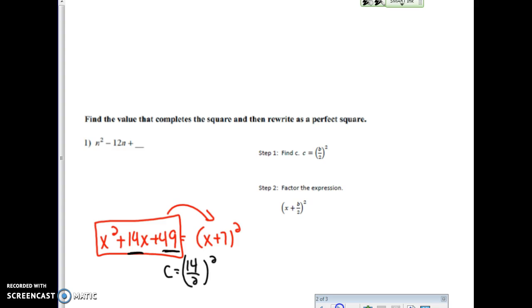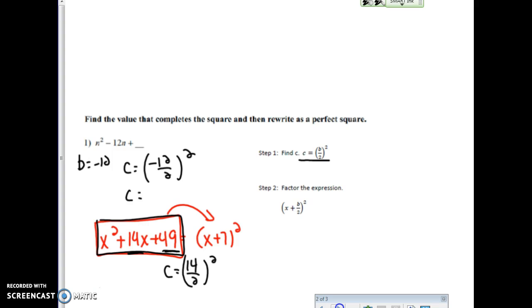The reason we talk about that is because I know how to factor this, and I can rewrite anything if I can just complete the square. So first, we're trying to find the value that completes the square, so we need to find c. C is the same thing as taking the b value, in this case negative 12, over 2, squared.